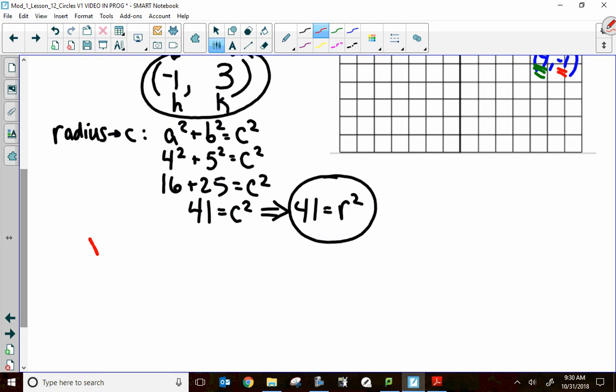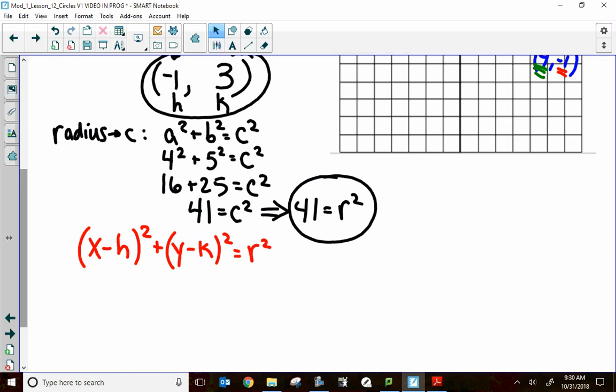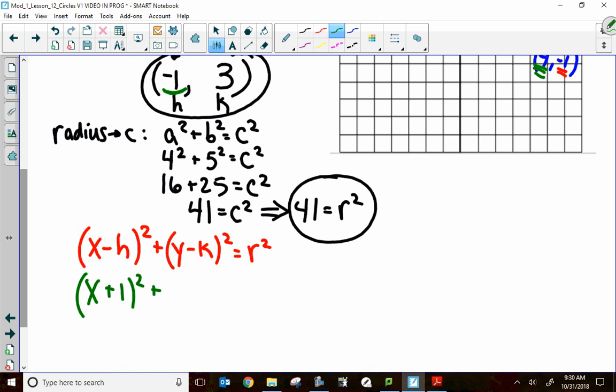We have x minus h squared plus y minus k squared equals my radius squared. Let's not forget we're flipping this sign, so x is going to be plus 1 squared, plus y, flipping the sign, minus 3 squared equals my radius squared.